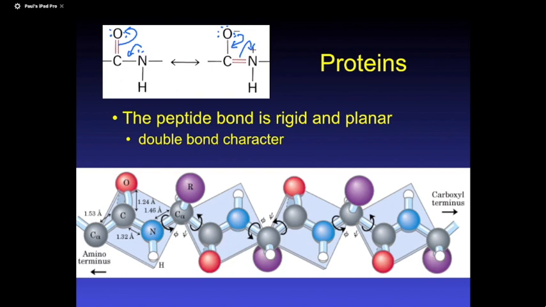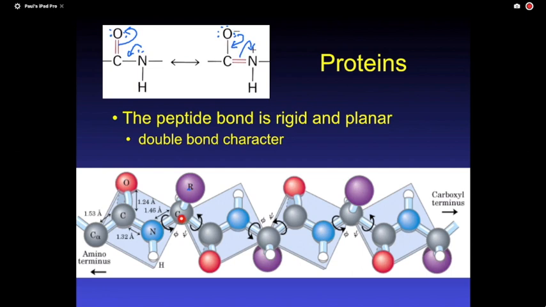Now, one thing I did need to talk to you about is on an amino acid, there's a carbon. That carbon has an R group, a hydrogen, then it has an acid side and an amine side. This carbon is called the alpha carbon, the one in which all four things are attached to it.